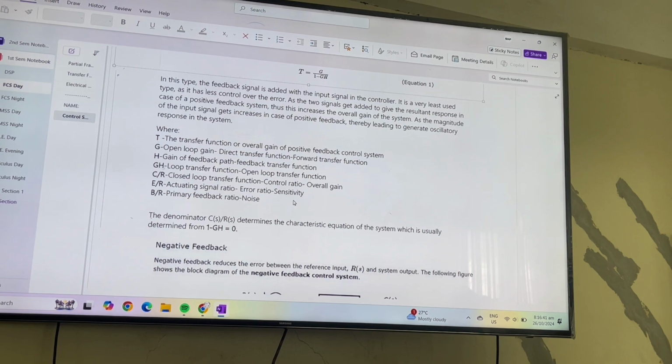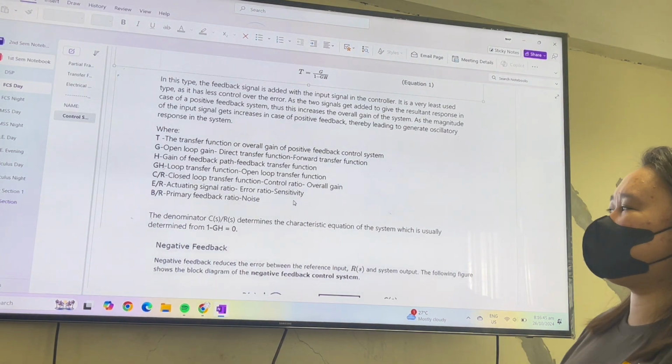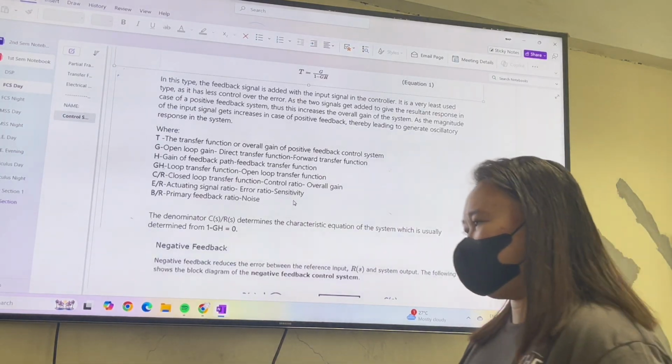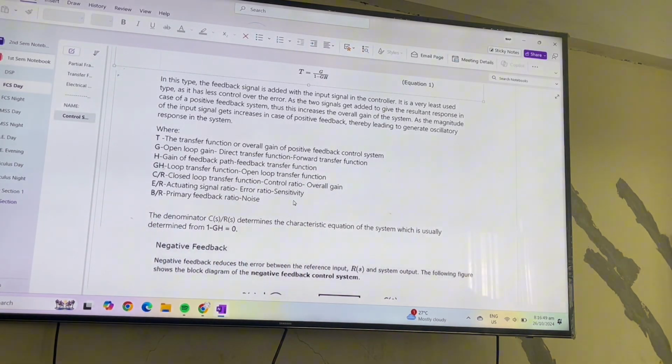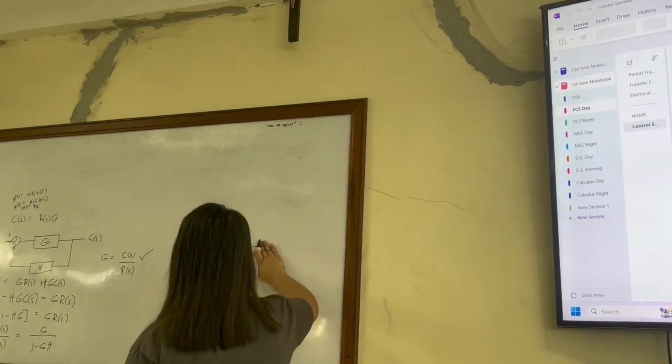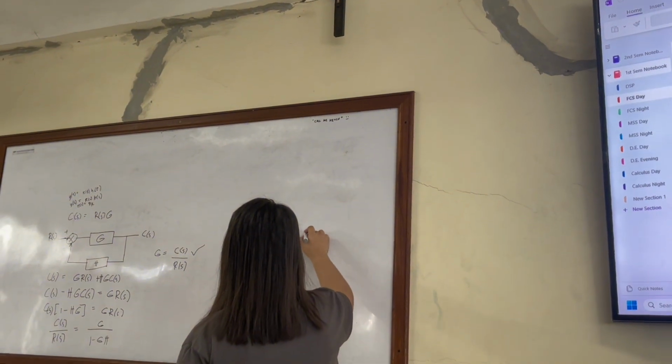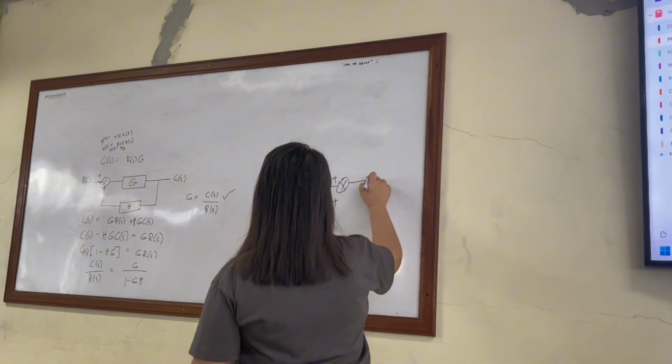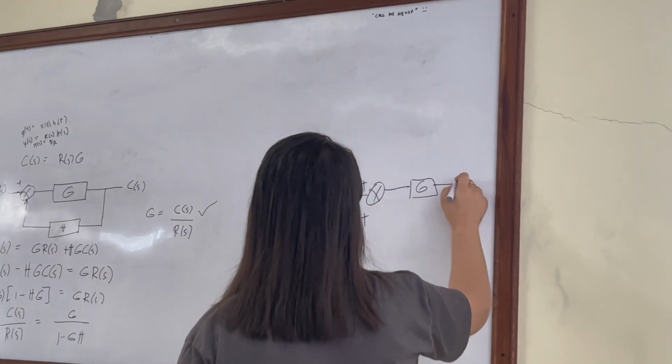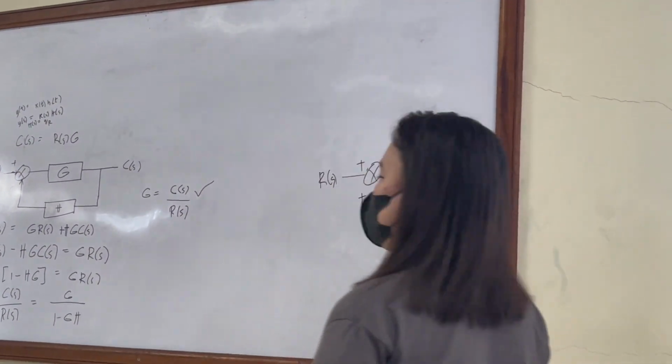Si GH class is the open loop transfer function because in an open loop, we have R of S, naatay junction, naatay G, we have another gain H here. GH.